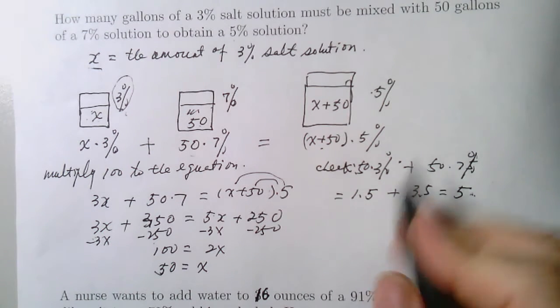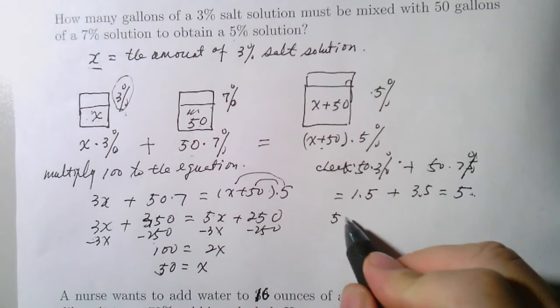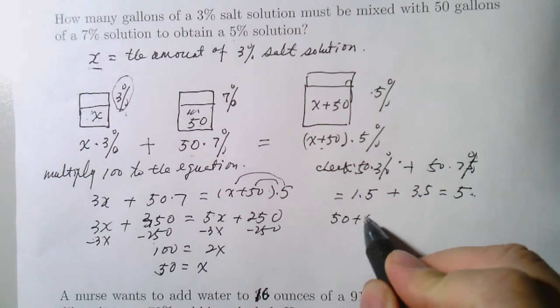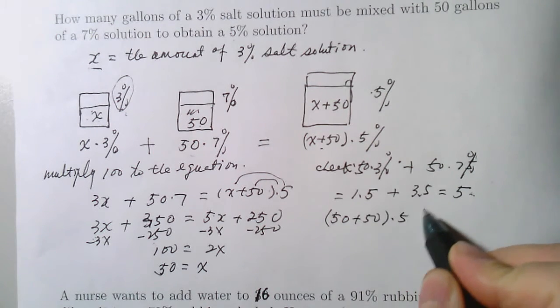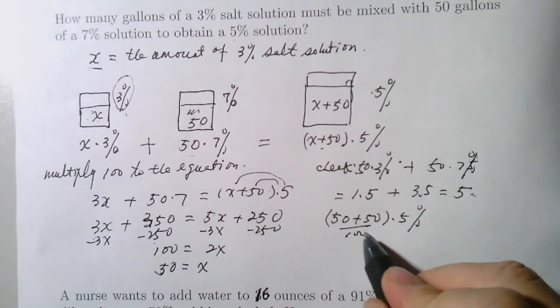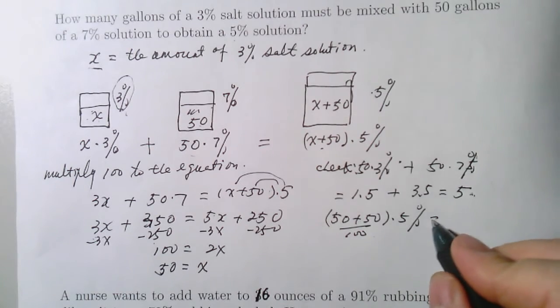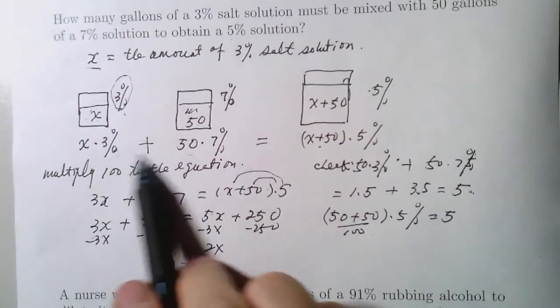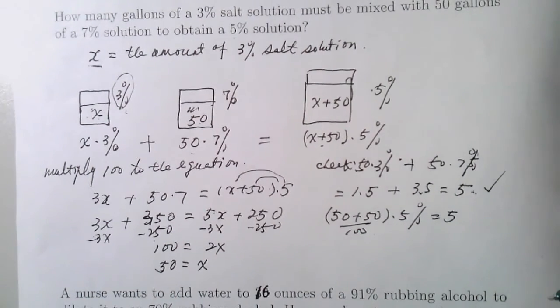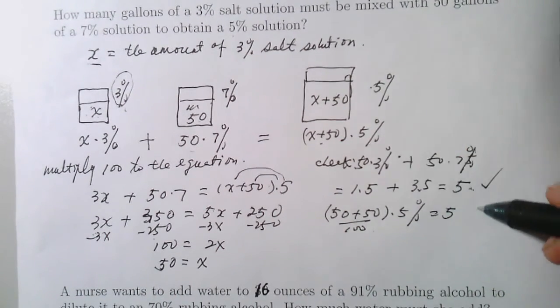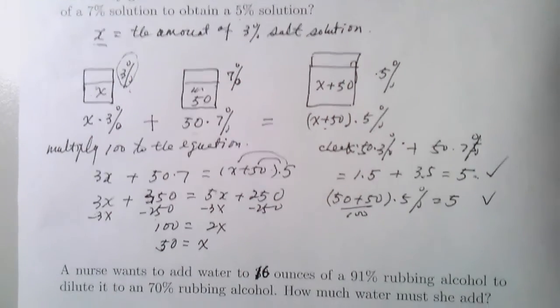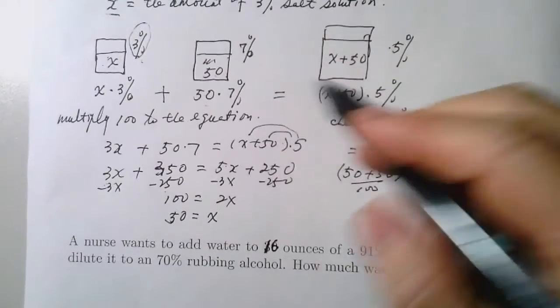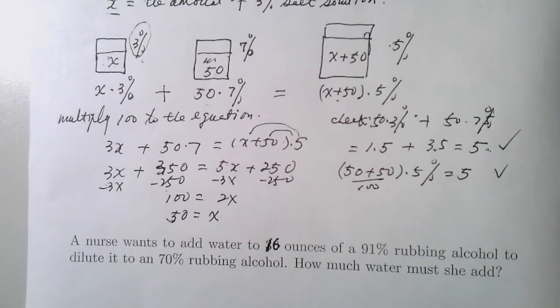Now the mixture: 50 plus 50 is 100, and 100 times 5% equals 5. So before mixing you have 5 pounds of salt, and after mixing you still have 5 pounds of salt. So the solution checks.